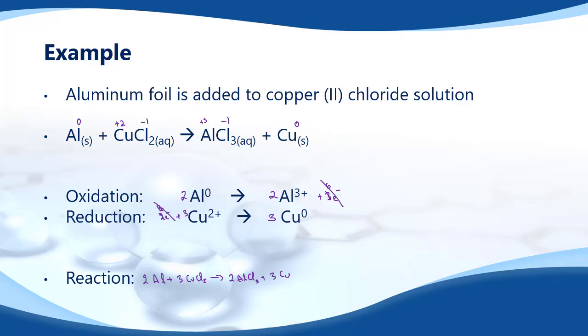And again, 2 Als, 2 Als, 3 Cus, 3 Cus, 6 chlorines, 6 chlorines. I'm balanced. Reaction's done, right? So we could have done this without the half reaction, but this is a good check to show, yeah, this is how it actually should work. So this is balancing a redox reaction. In the next video, we're going to work on acidic and basic solutions.